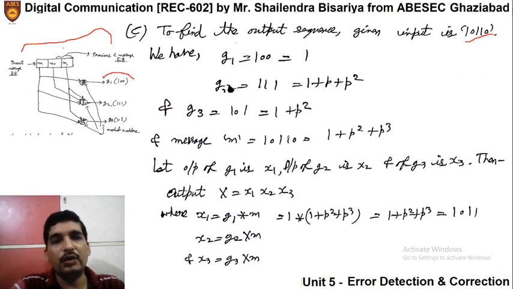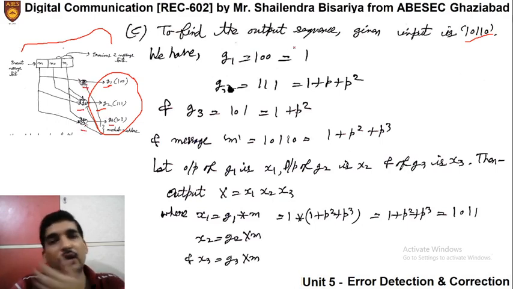The output sequence is coming from G1, G2 and G3, right? And G1, G2, G3 is nothing but the convolution of some digits which we have seen. Now, how will we get the output code word X? Initially one bit will come from G1, another bit from G2, another bit from G3 simultaneously.